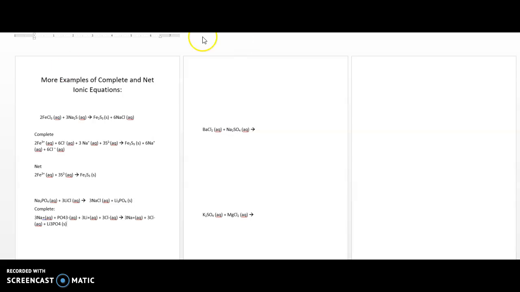Now, what we're going to do, let's go through these and fix the subscripts and the superscripts to show the correct charges and the correct number of atoms.